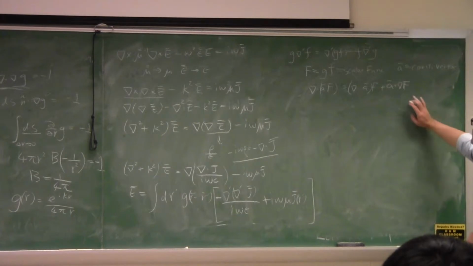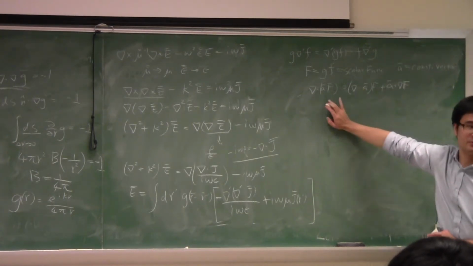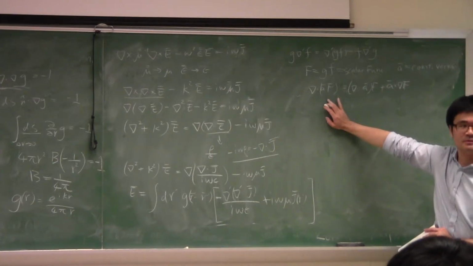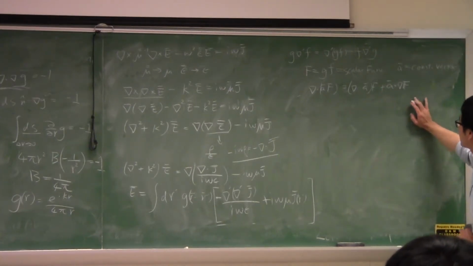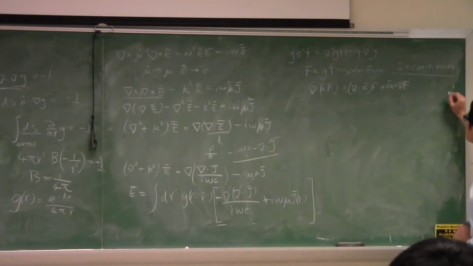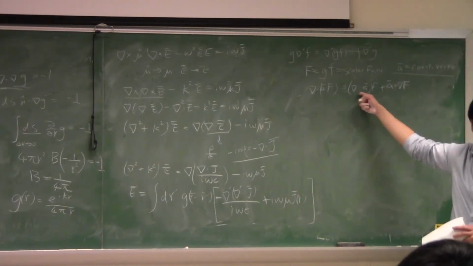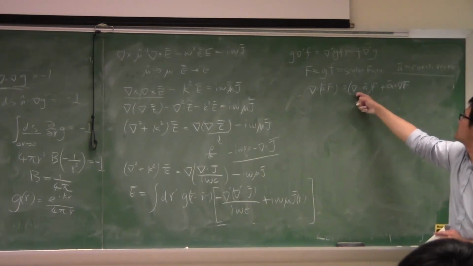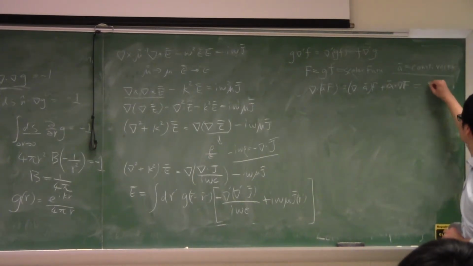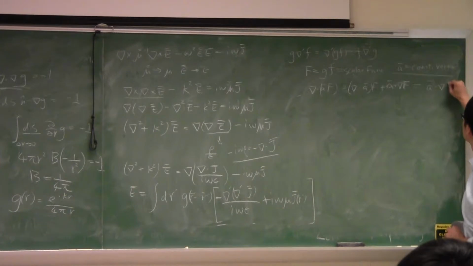So now we can change this gradient to some kind of divergence. And the good thing about assuming a constant vector is that this term will just go away, because it has no spatial dependence. So it will just give me this A dot gradient of F.